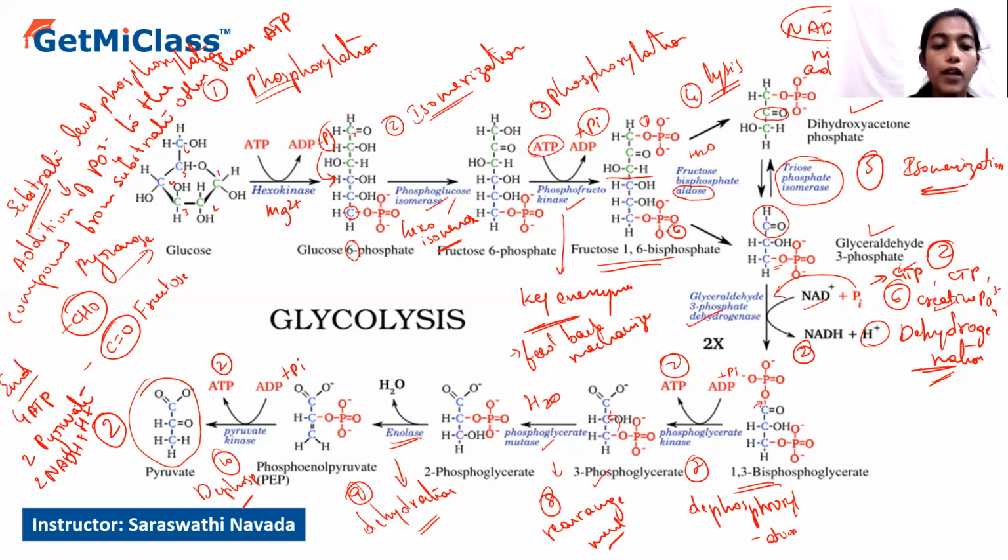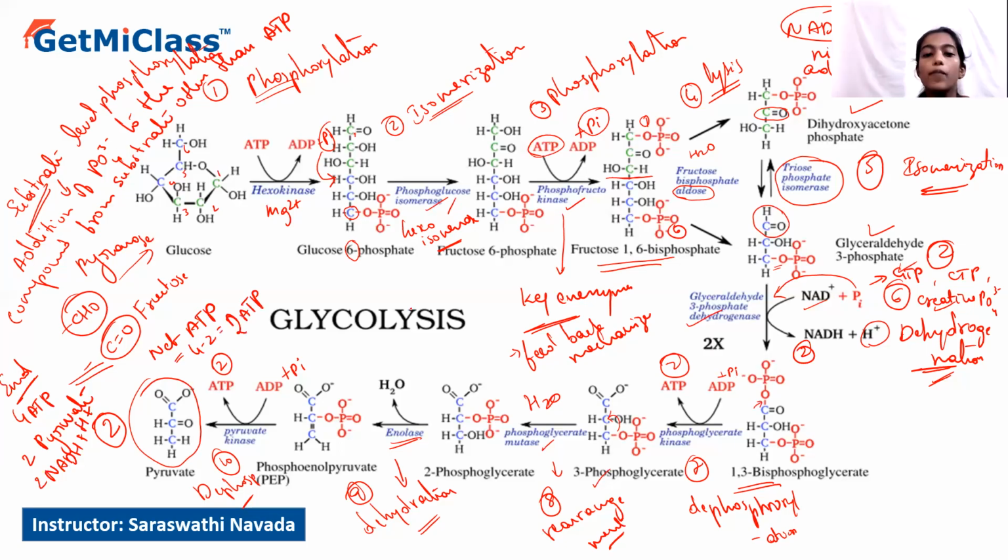Even though 4 molecules of ATP are formed, the net ATP production in glycolysis will be only 2 molecules. That is because 2 molecules of ATP are utilized in the initial step of glycolysis. If we deduct those 2, then we'll get 2 molecules of ATP at the end of glycolysis.